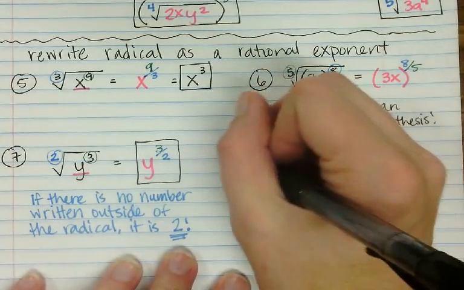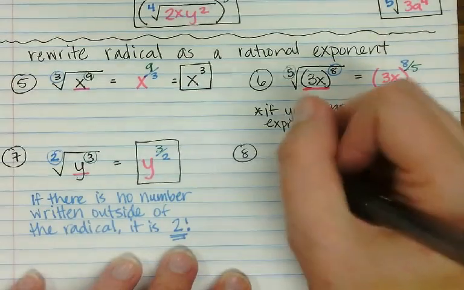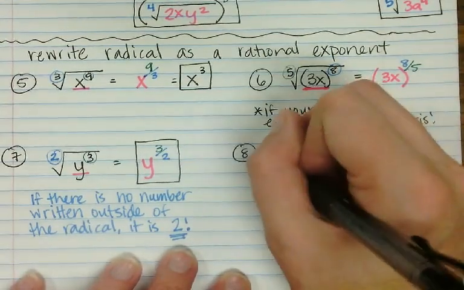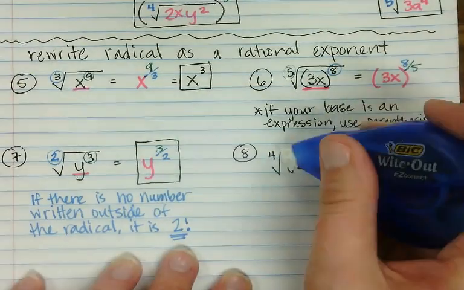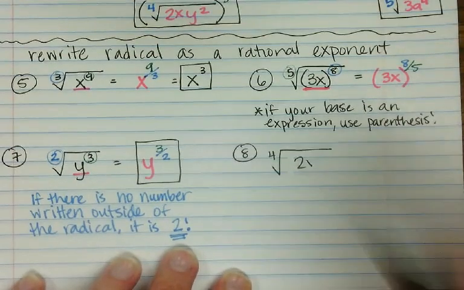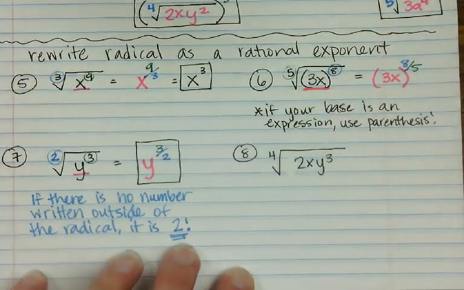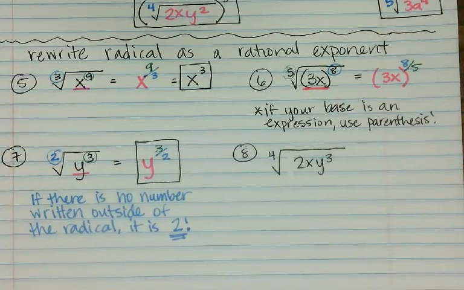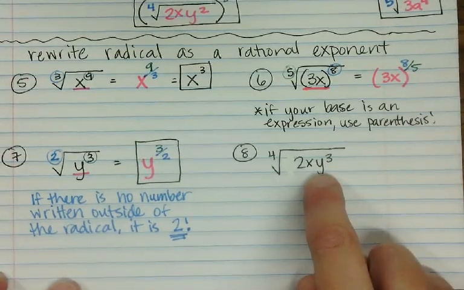So then, guys, last little example right here. This is a good example of when your invisible number is a 1. So if I was going to take the 4th root of 2x, oops, sorry. There's no parentheses right here. Ignore the parentheses. If it was 2x y cubed, guys, in this case, what is the cube referring to? Just the y.